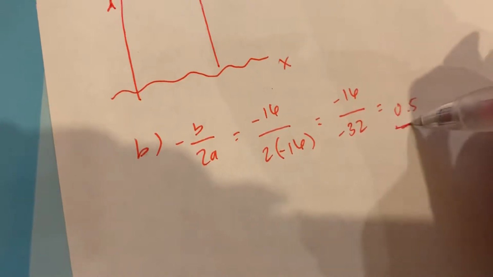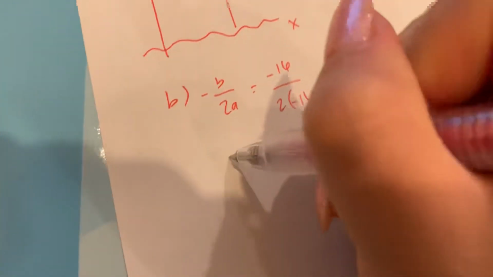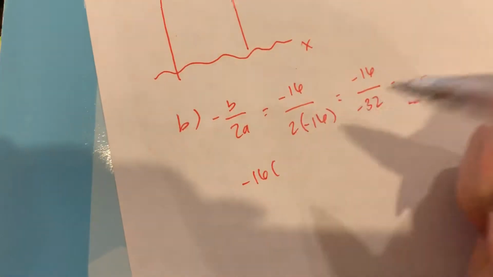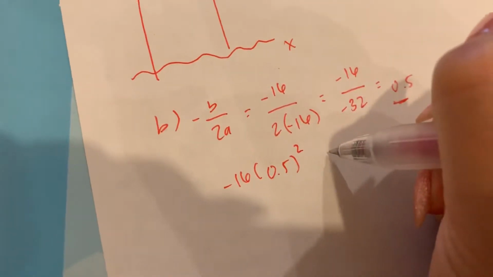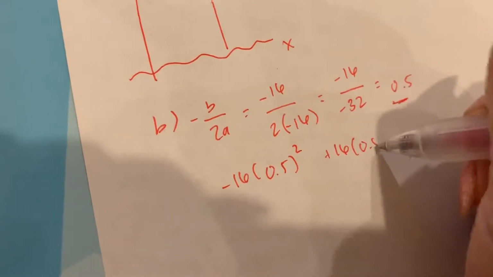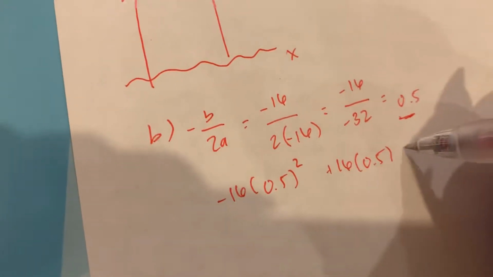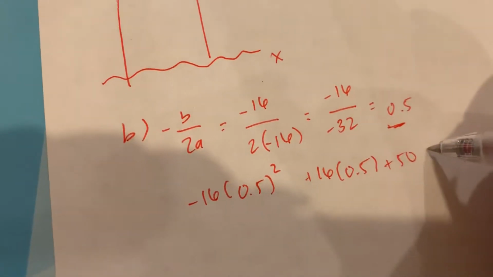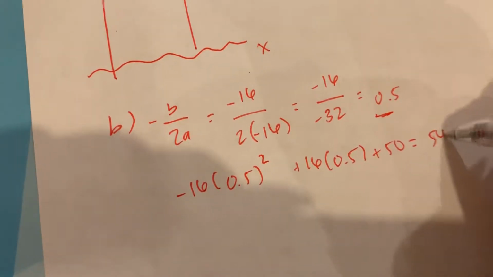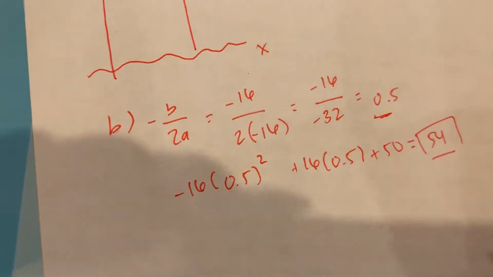So I need to actually take this and plug it back into my equation. So this is going to give me negative 16 times 0.5 squared plus 16 times 0.5 plus 50. Okay. And when I simplify all this, I should get 54. And this right here, this should be my answer.